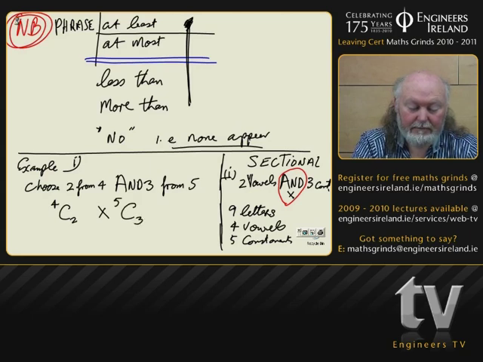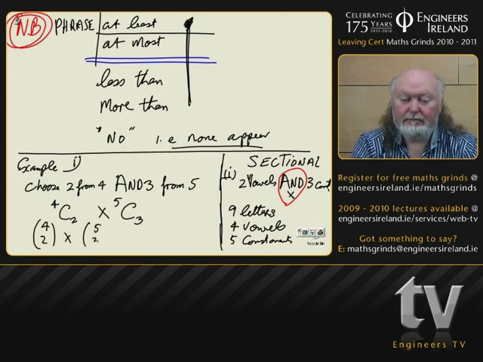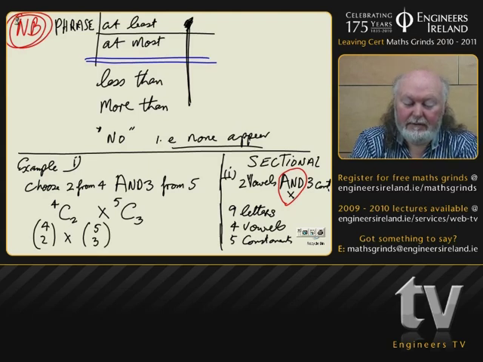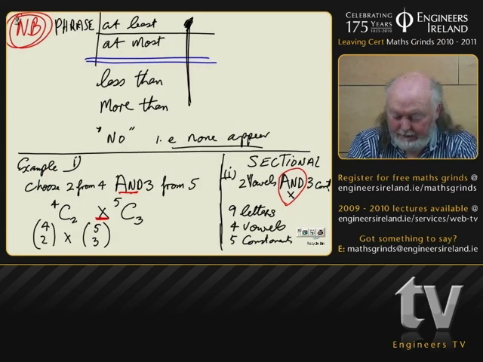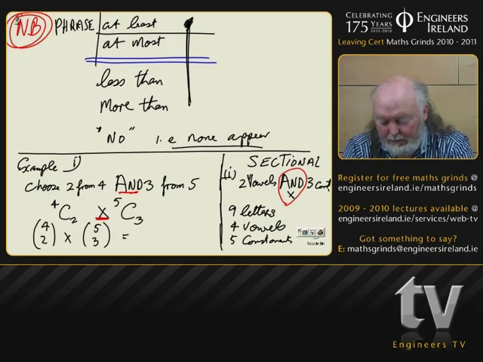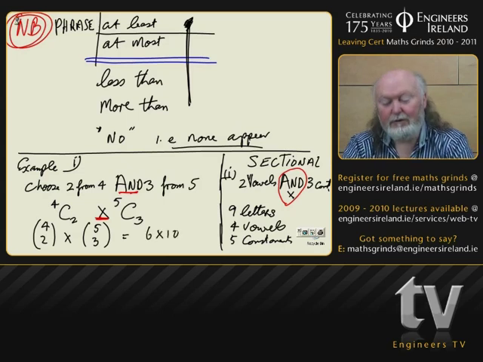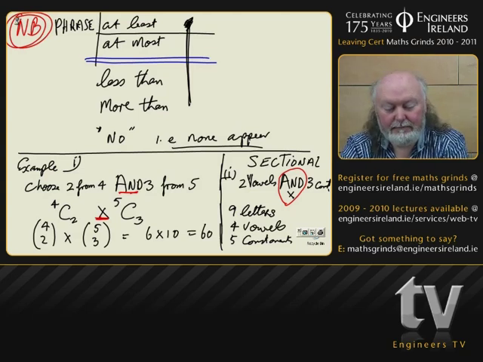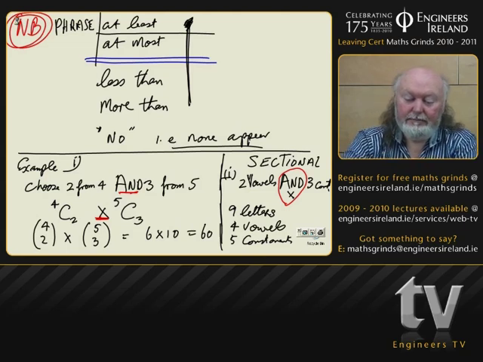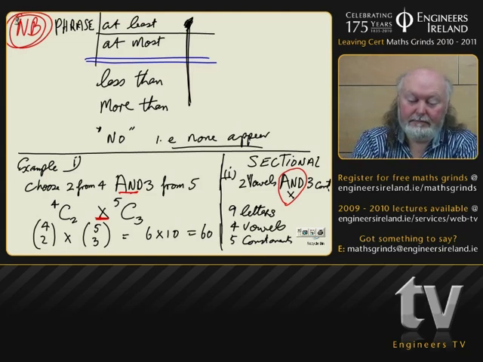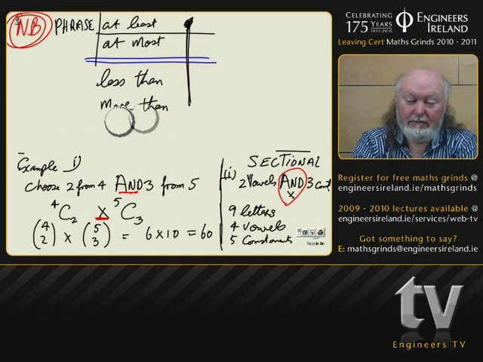Or put the other way. Once we've said and, that means multiply. So we're finding that it's 6 by 10, which is 60 ways of choosing 2 vowels and 3 consonants. That bit's the same as we've done so far.